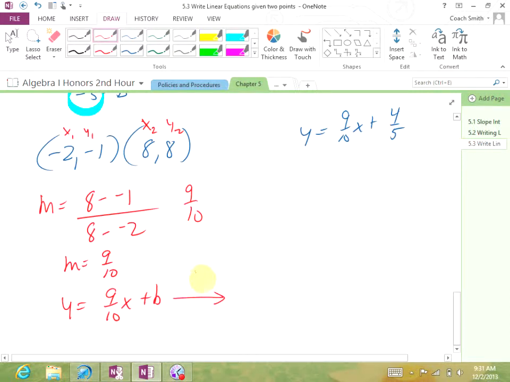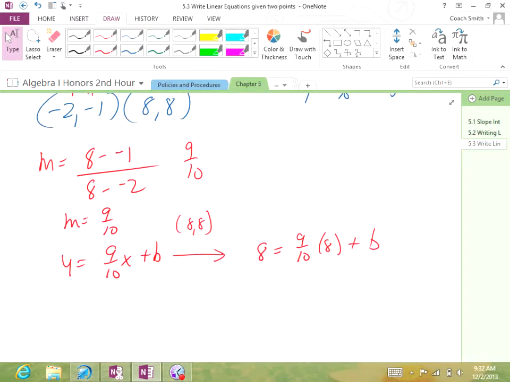Now I'm going to use my point 8 and 8, just simply because I stay away from the negative signs that are all in that other one. Okay, so if you do that, that gives me 8 is equal to 9/10 times 8 plus b. So I multiply that out, gives me 8 is equal to 72 over 10 plus b.